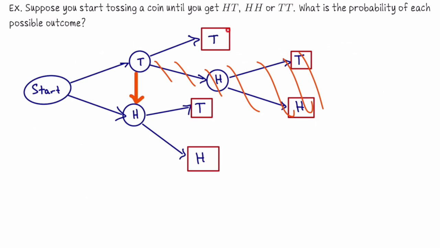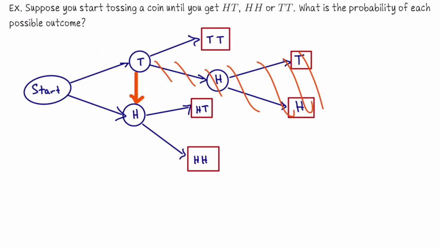I'm also going to change the way I've labeled these terminal boxes, and that's because this tails is not the same result as this tails. This means I did TT, so T and then T. This one means I did HT, and then this one is HH. So actually, since those two box T's are really different, let me just label them a little bit differently so that it's clear which scenario we're looking at for each of these events. So this one is HT, and then this one is HH.